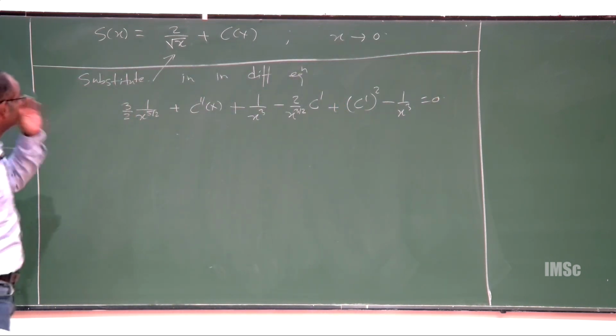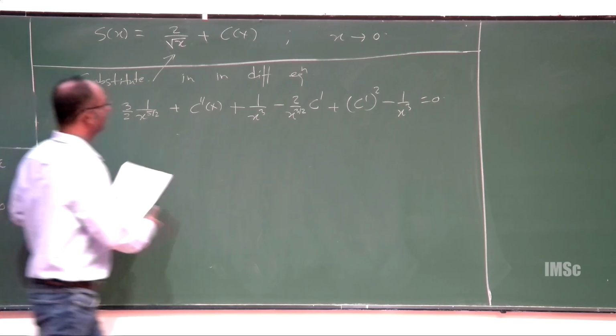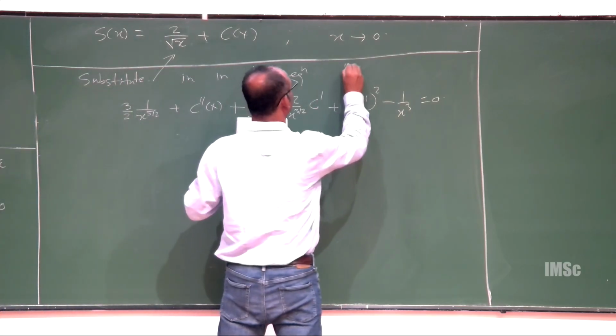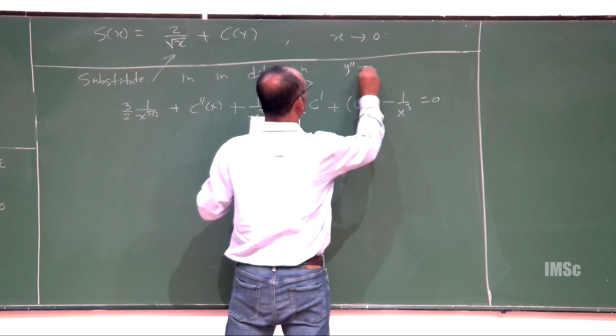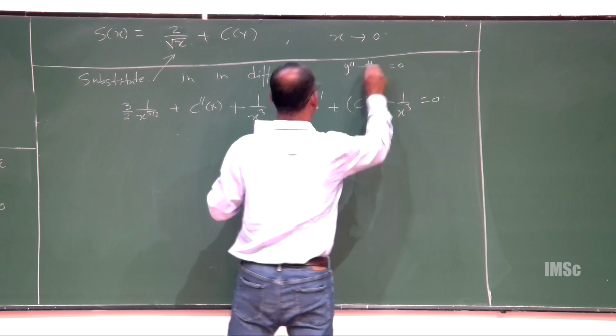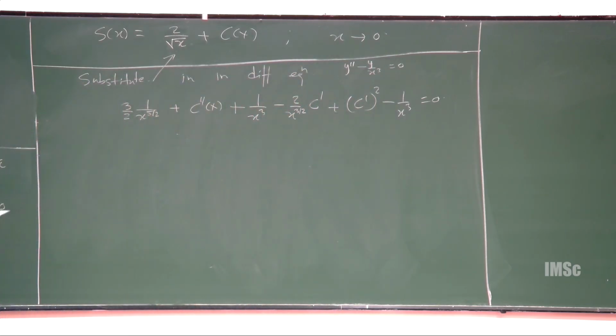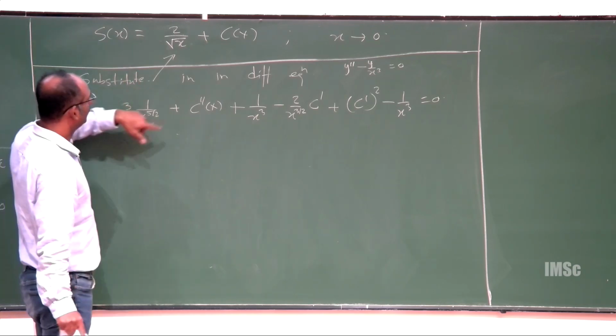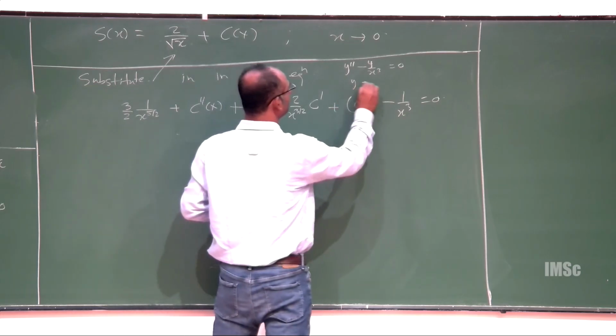So I'll show you roughly these terms. Your differential equation is y double prime minus 1 over x cube. Right, that's the differential equation we have. So y is e to the s.